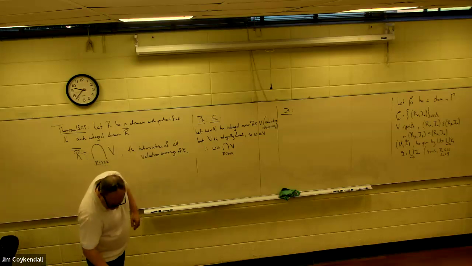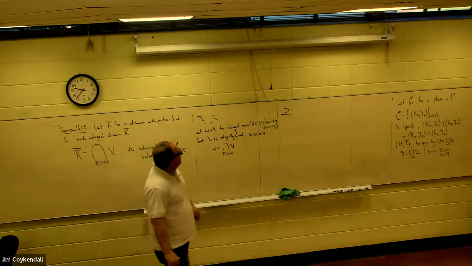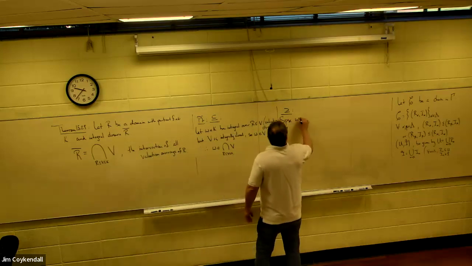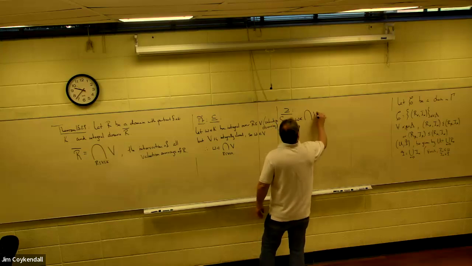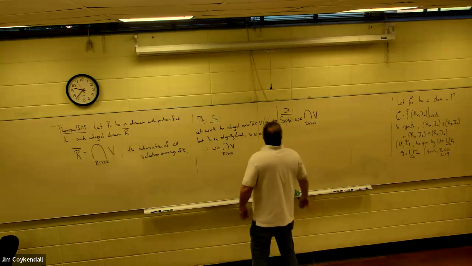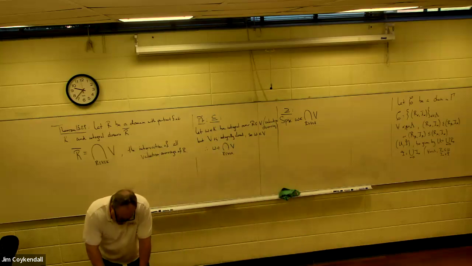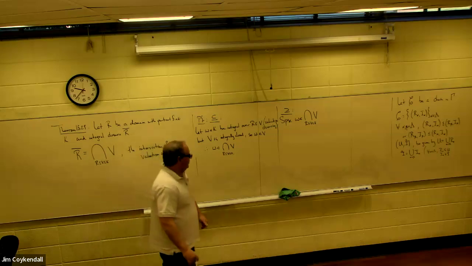Well, to this end, let's suppose that omega lives in the intersection of all valuation overrings of R. I want to show somehow that it's integral, and I'm going to use one of my characterizations.